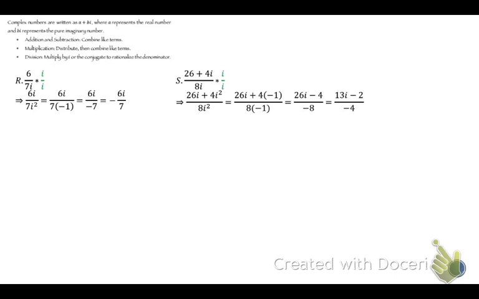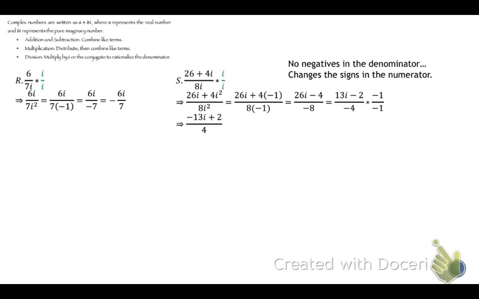So we're going to divide each of these by 2. Okay, 26 divided by 2 is 13. 4 divided by 2 is 2. Negative 8 divided by 2 is negative 4. Again, we don't want a negative in the bottom, so we change the signs in the numerator. Or, that's the same thing as multiplying top and bottom by negative 1.